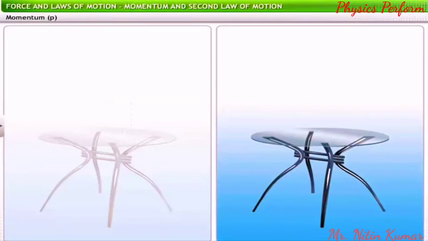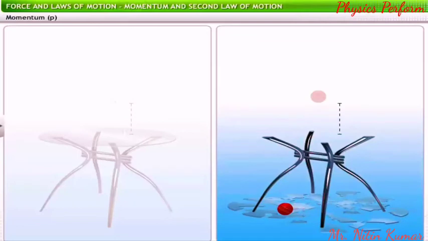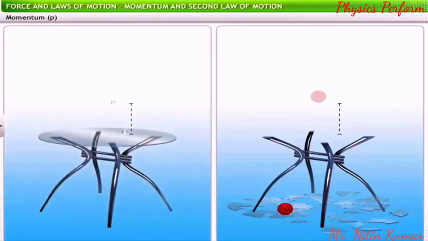But what happens if we drop a cricket ball onto this glass from the same height? Ouch! The glass pane shattered. Why did the glass pane shatter this time? What was different in the two situations?